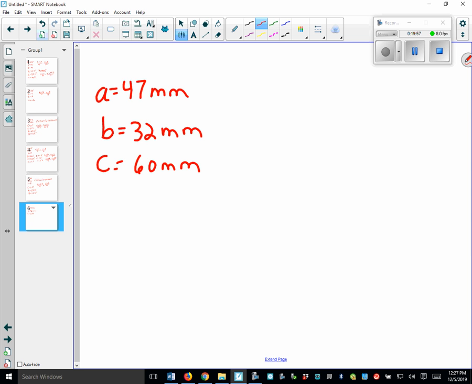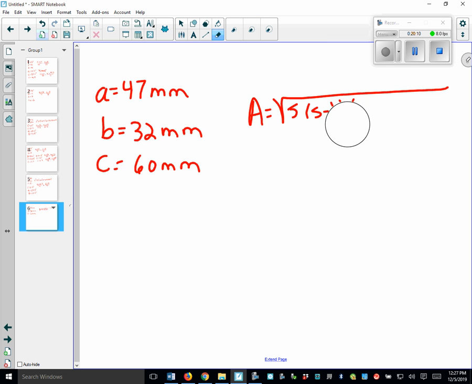Okay, the directions on this say find the area of the triangle. You are given this. You were not given what S is. Somebody know what S is?